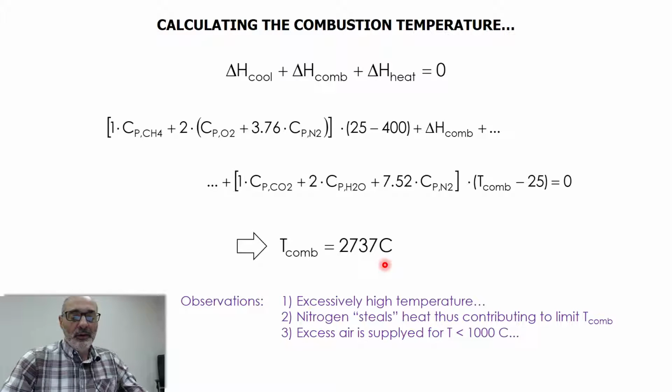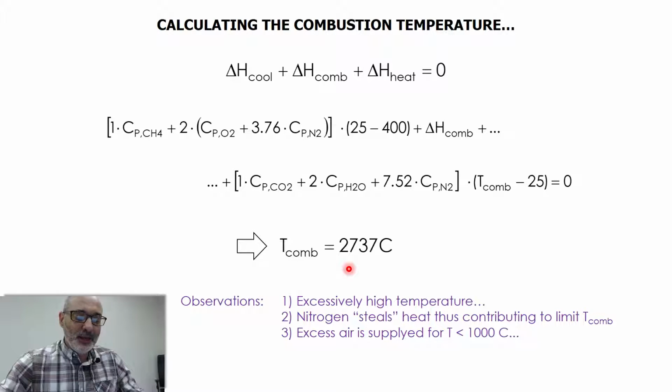Okay, you see that it is excessively high. So, for instance, it's very hard to find commercial and more or less cheap materials that work around this temperature. But you also have another concern, and this is very important what I'm going to say.